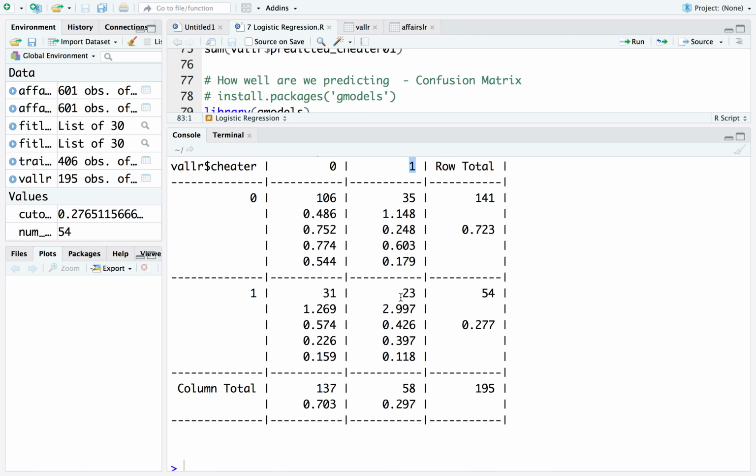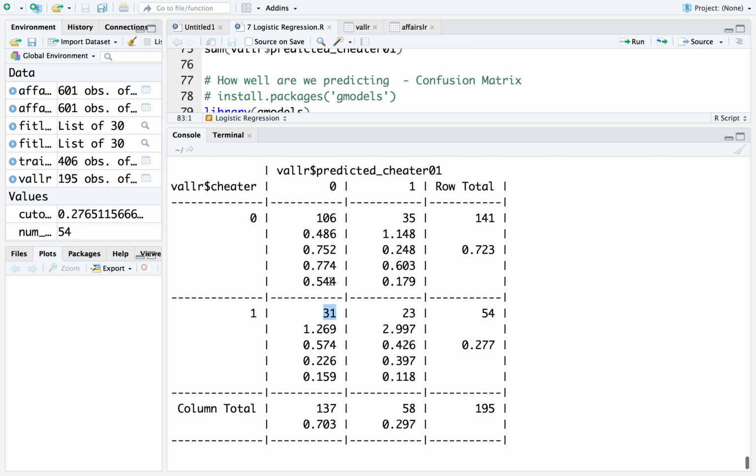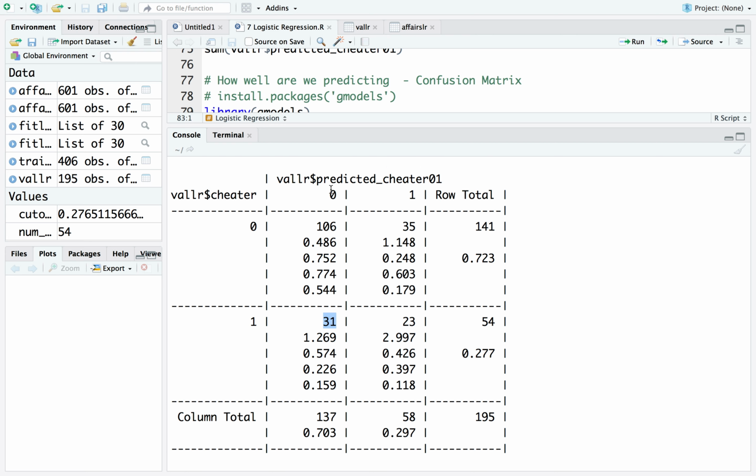Now, this is the 1-1: we were able to accurately predict 23 of the cheaters, 23 out of 54. Yet 31 of the cheaters, we predicted that they weren't cheaters. So it's up to you to decide, is this a good model? What do you want to do?